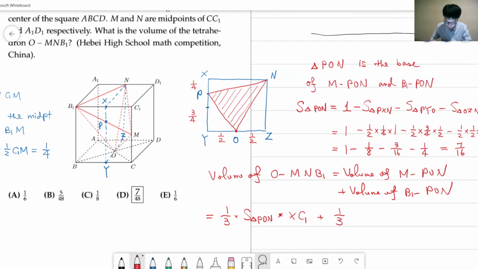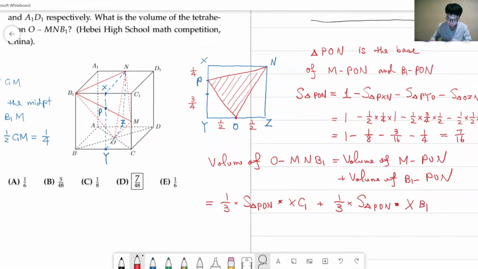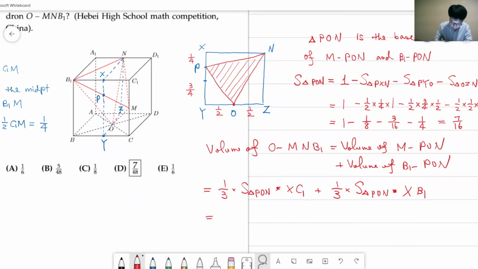The second one is 1/3 times S_PON times the height, which is B1X or XB1. Now this equals 1/3 times S_PON times (XC1 plus XB1).